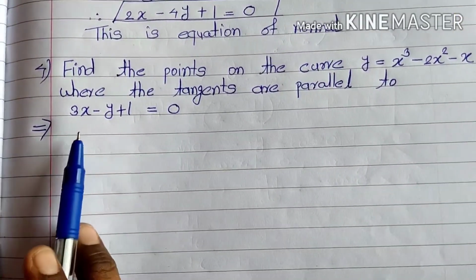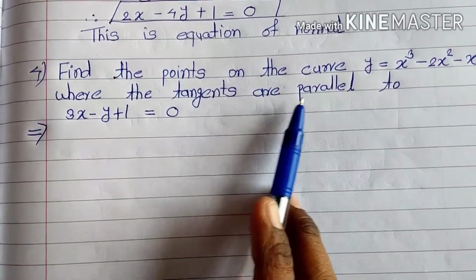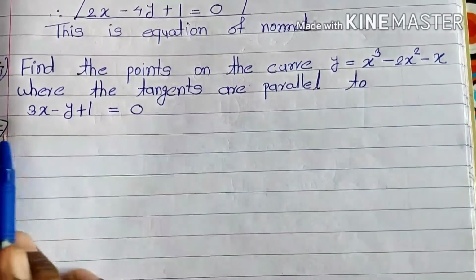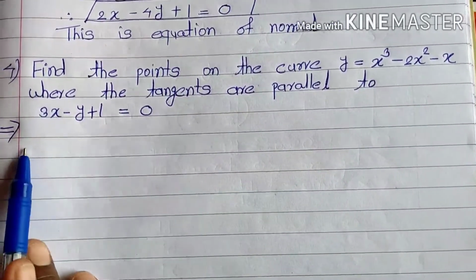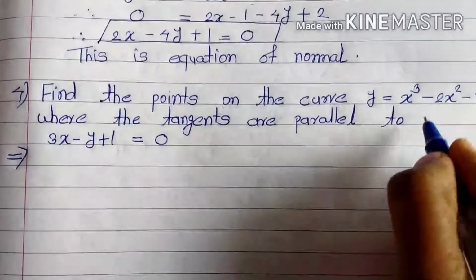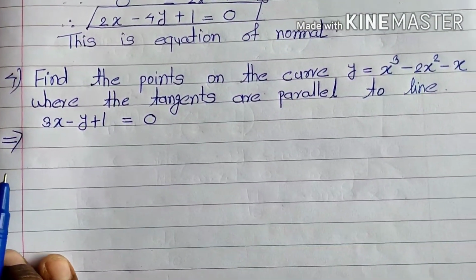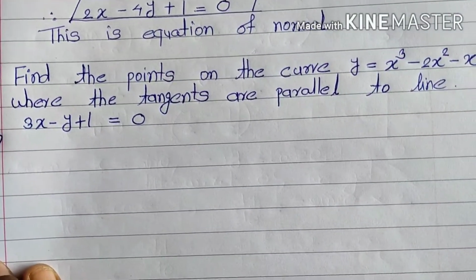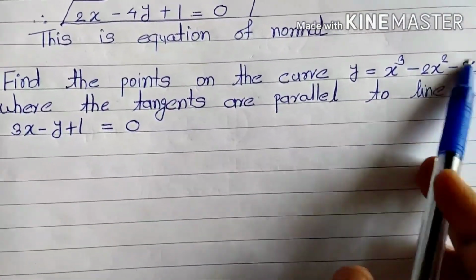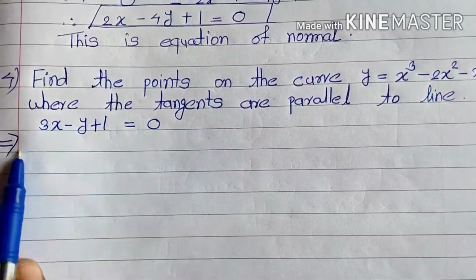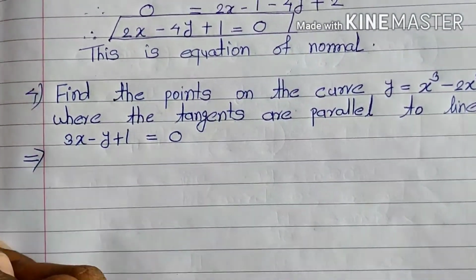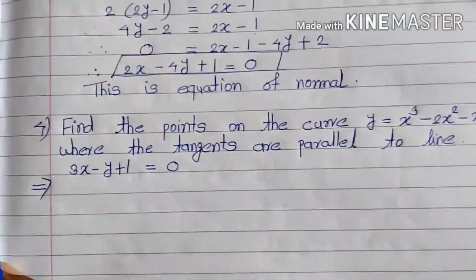Now the next example is to find the points on the curve where the tangents are parallel to this line. So we have to find the points, and this is the equation of the curve and this is the line. So first take the equation of the curve.